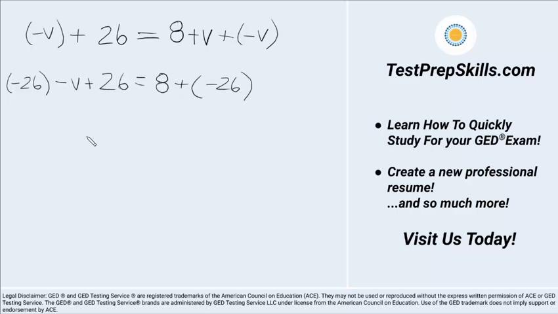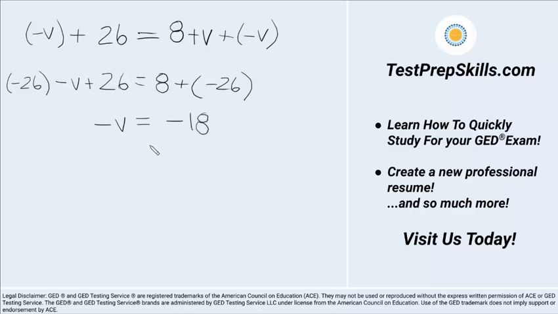All right, now we simplify. We have negative 26 plus 26, that's 0. So it worked, we did it right. And we're just going to be left with a negative v on the left-hand side. Now let's move to the right-hand side and simplify. We have 8 plus negative 26, which is the same as negative 18.